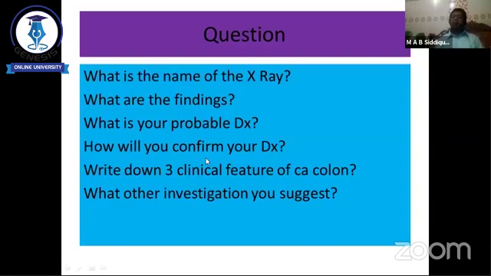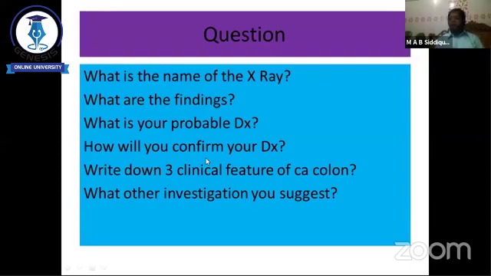What other investigations do you suggest according to the findings? If it is malignant, then you can go for staging investigations like ultrasonogram or CT scan of the abdomen, chest X-ray or CT scan of the chest.